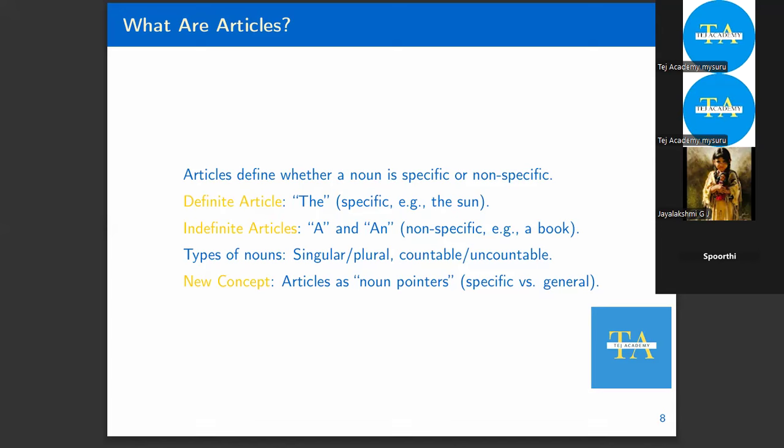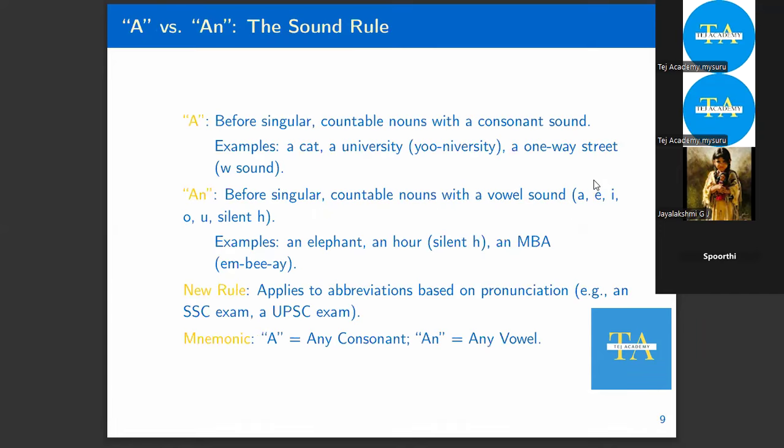Eating honey is good for health. You don't need to say eating the honey is good for health, which would be specific. So in universal truths or general statements, we don't find the necessity of adding articles. We will go through that with examples later. So that is a new concept that we should keep in mind.